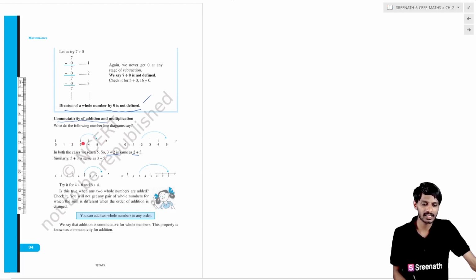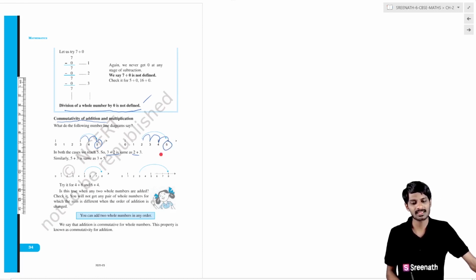When adding 3 to 2, you start from 3 and take 2 steps: 1 step, 2 steps, and you get to 5. In this case you start at 2 and take 3 steps: first step, second step, third step. You end at 5. So in both cases the answer is the same.